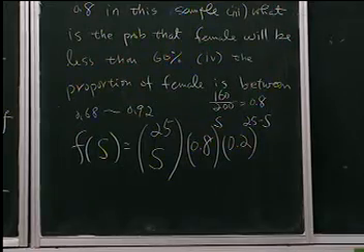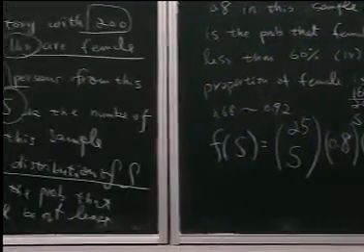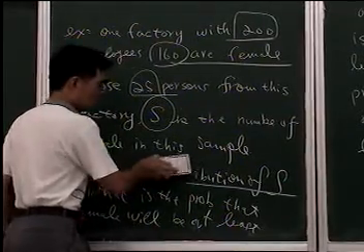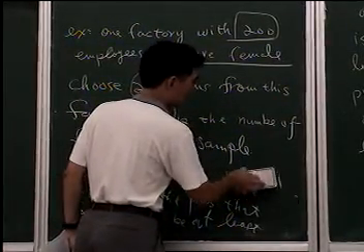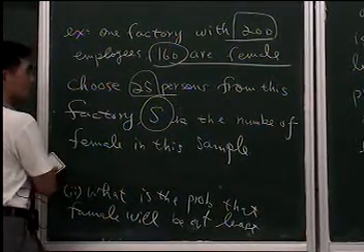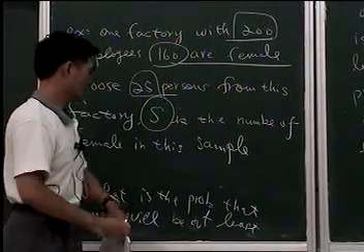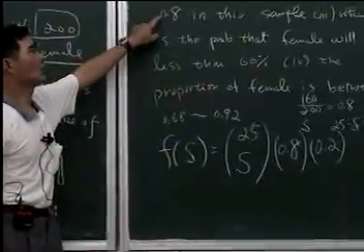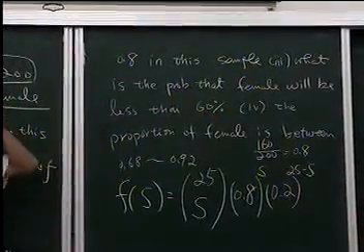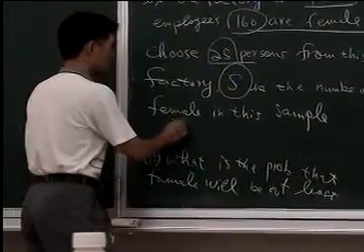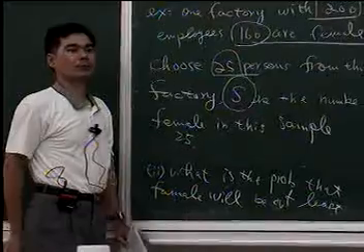Okay, then the second question is, what is the probability that the proportion of female will be greater than 0.8, okay? So now let me ask you this question. We have 25 people.